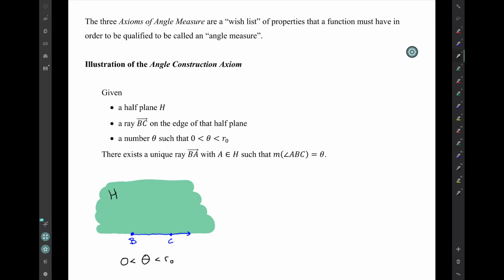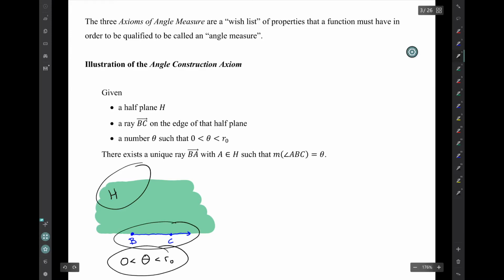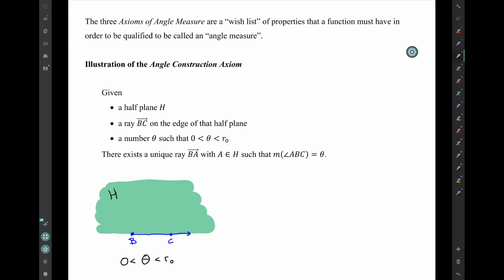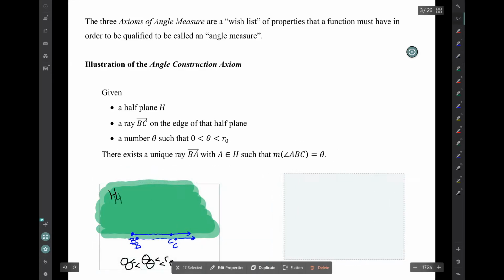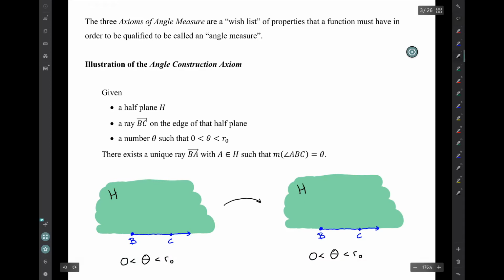We have the half plane H, we have this ray on the edge of the half plane, and I've just put down here this inequality showing that we have this number theta. Now I'm going to illustrate the claim. So there's our illustration.